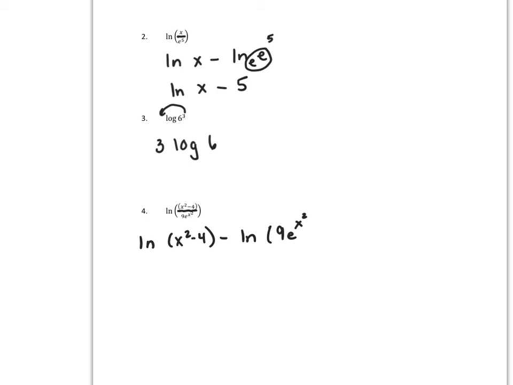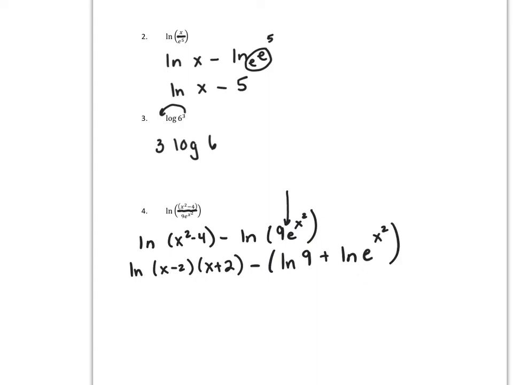It's a 2. 9e to the x squared. You can factor x squared minus 4 into x minus 2 times x plus 2. This is multiplication. So minus parentheses ln of 9 plus ln of e to the x squared.